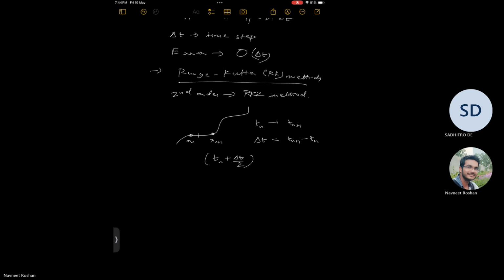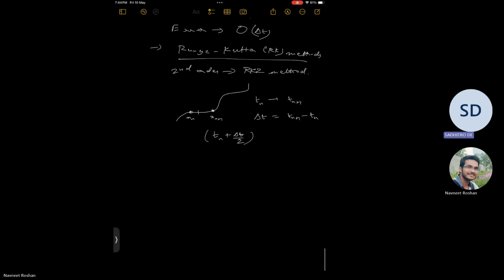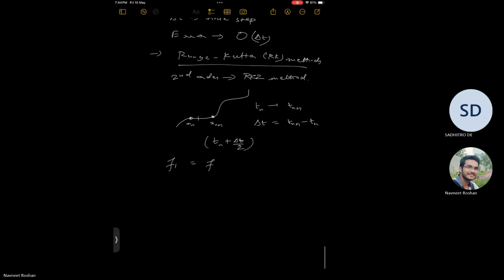First it calculates a temporary quantity f1, which is basically the value of the function at time tn plus delta t by 2.